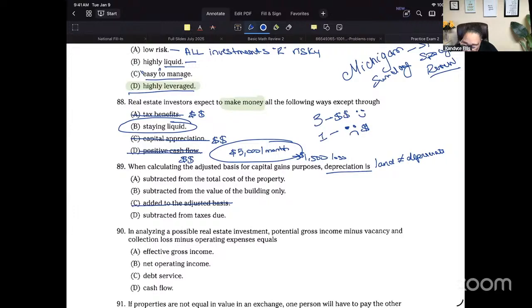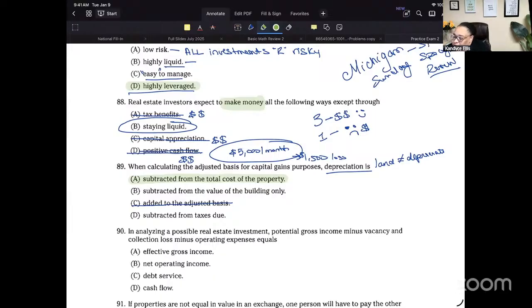Caroline, you said A, subtracted from the total cost of the property. LaRonda, you said A. Now, I will tell you, now that I have the answers, they're telling me the answer is A, subtracted from the total cost of the property. But then it goes through and I read, depreciation is subtracted from the total cost of the property. For instance, purchase price plus capital improvements to get the adjusted basis.